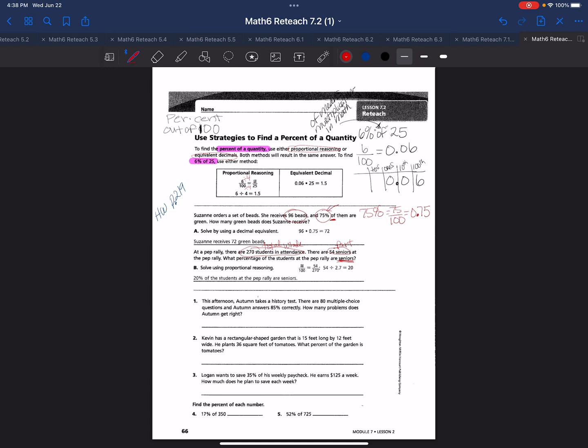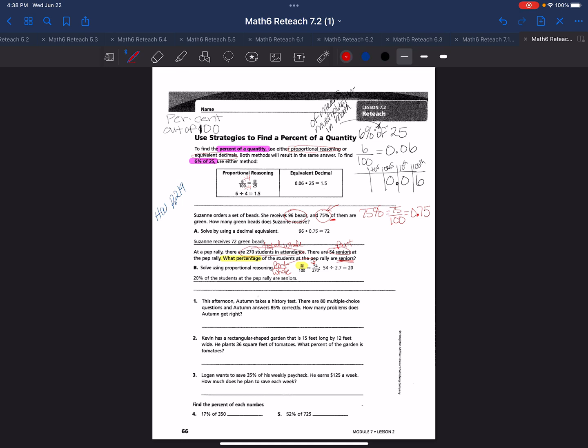So we can solve using proportional reasoning because this is a part-whole ratio. The first thing I do is part-whole, that is here, 54 over 270. And then it's saying what percentage. I don't know my percentage, I'm trying to find the percentage, so that's why that's blank.